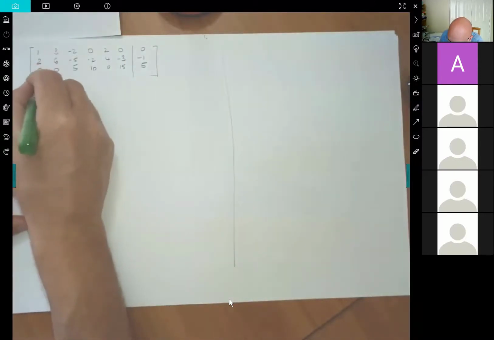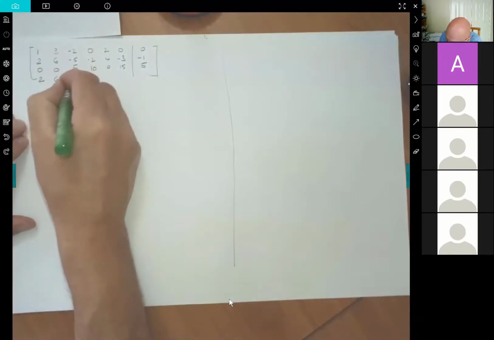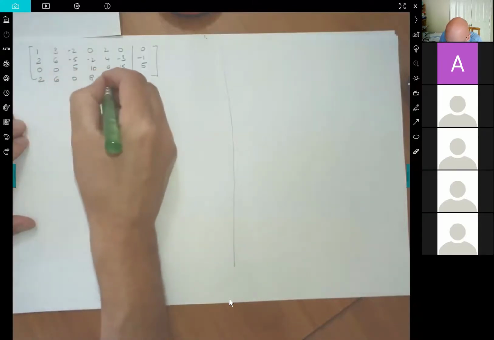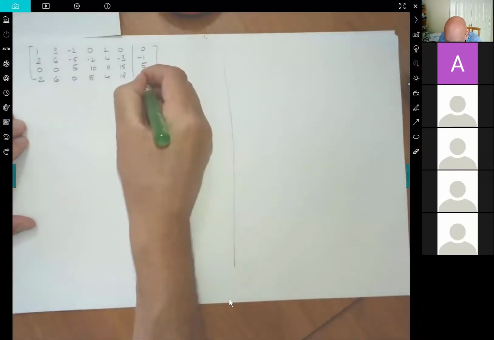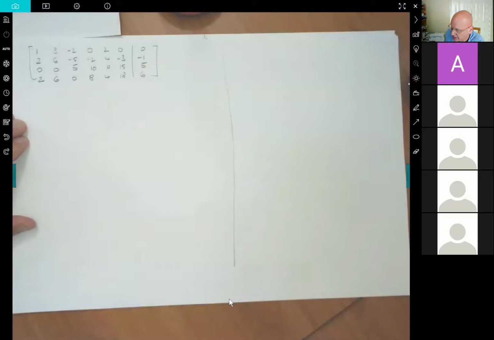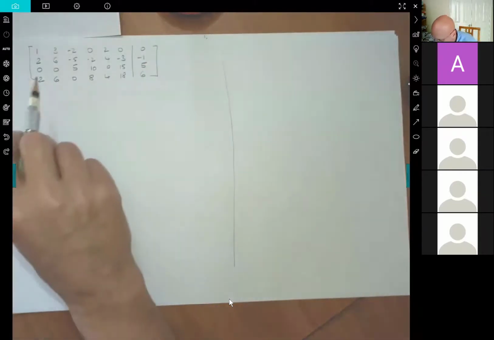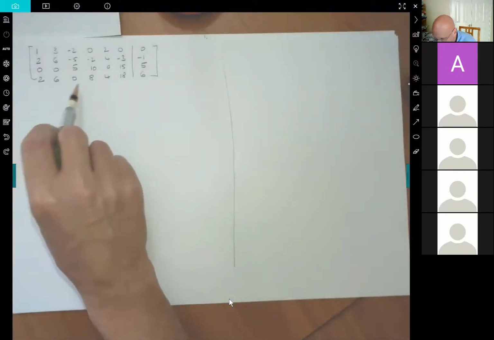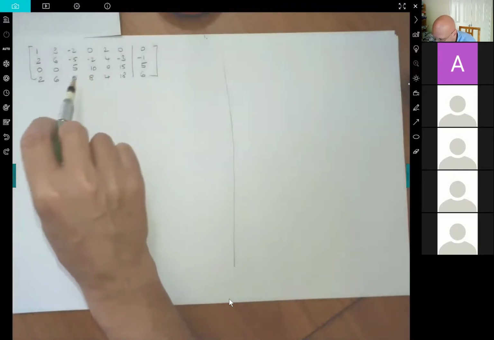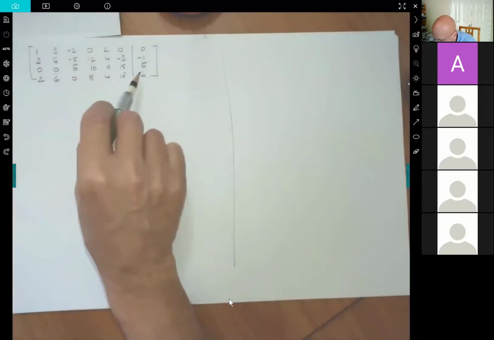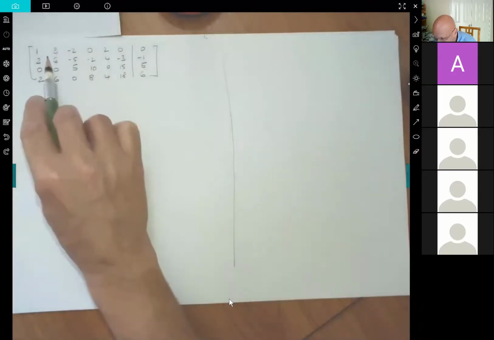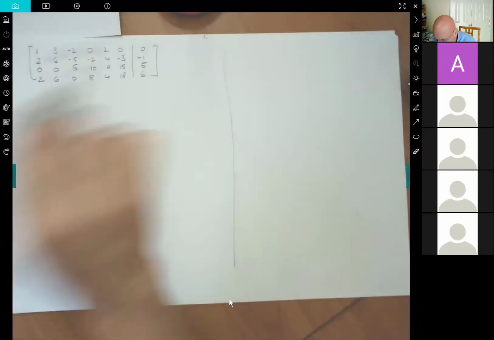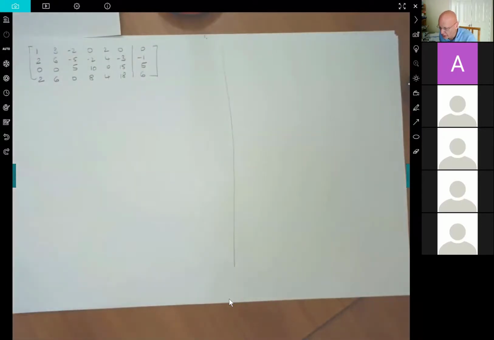And then we have 2, 6, 0, 8, 4, 18, and the right-hand side was 6. Okay, maybe I should better check one more time. Okay, so this is what we like to solve.